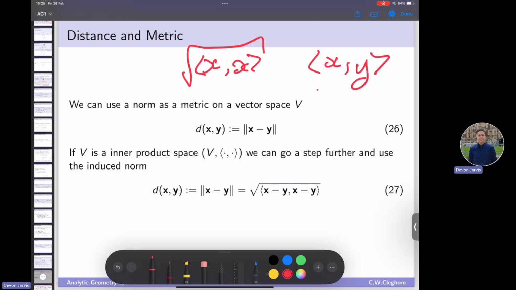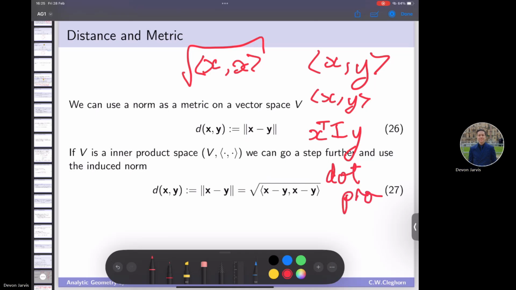And if this inner product xy is x times the identity matrix times y transposed, then that is a dot product. So again, keep the difference between distance, norm, inner product, and dot product in your minds.